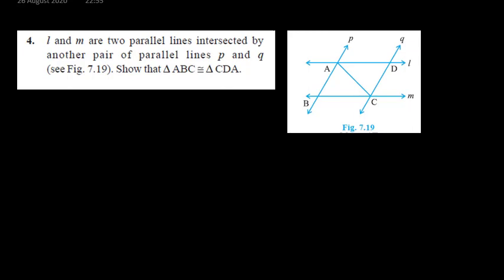Now here this angle BAC and angle ACD are going to be equal. Why? Because lines P and Q are parallel, so they are alternate angles formed by transversal AC. So this angle and this angle are equal.